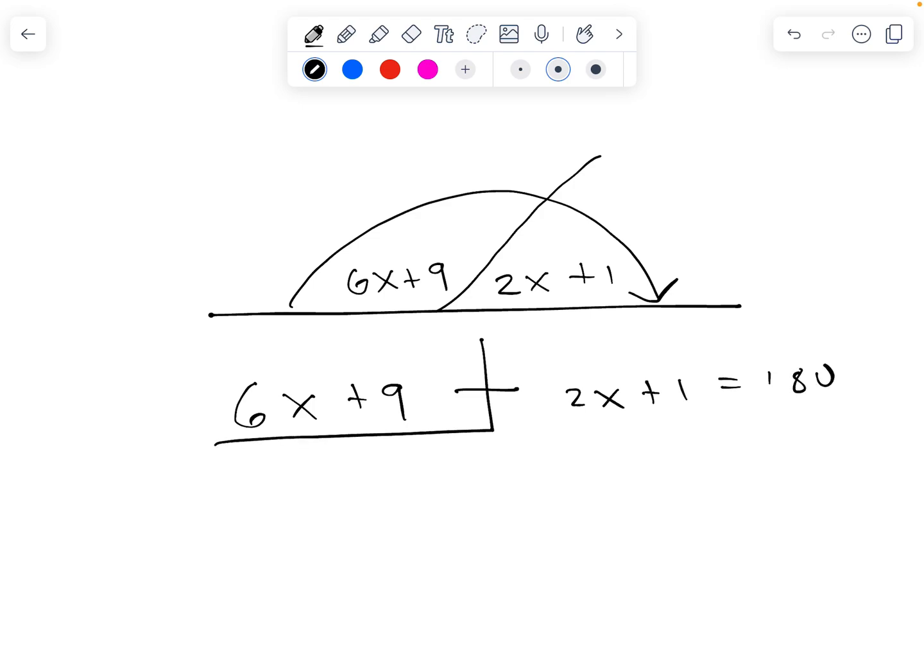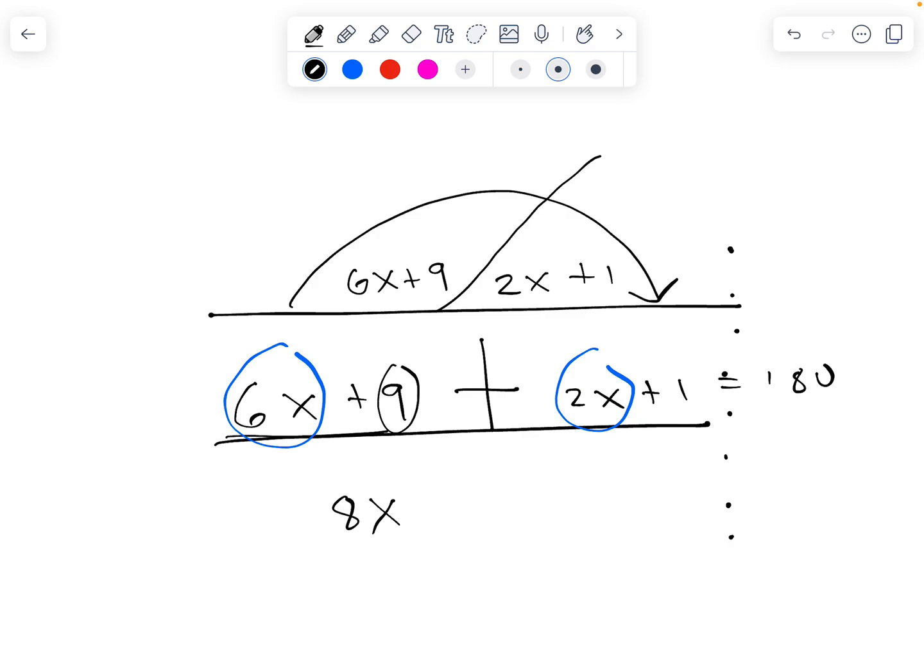Now because these guys are all on the same side of the equal sign, we can combine terms that are alike. So 6x and 2x, these terms are alike, so we're going to combine them together to be 8x. And then 9 and 1, those are like terms, so we can combine them together, equals 180. And now from here, we can subtract 10 from both sides, and we get 8x equals 170.